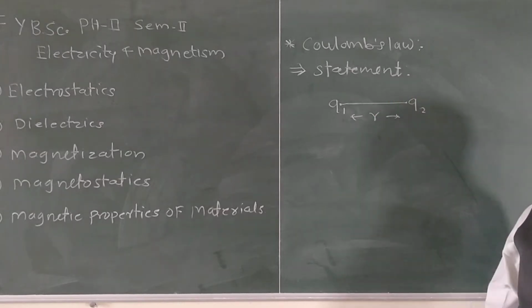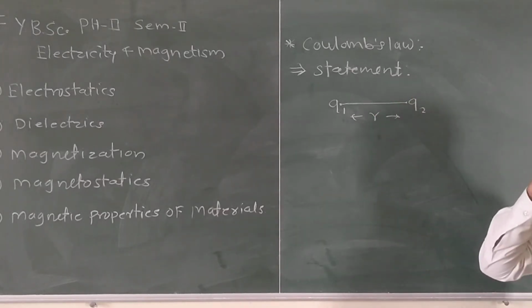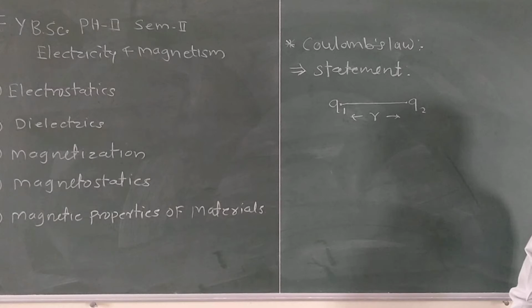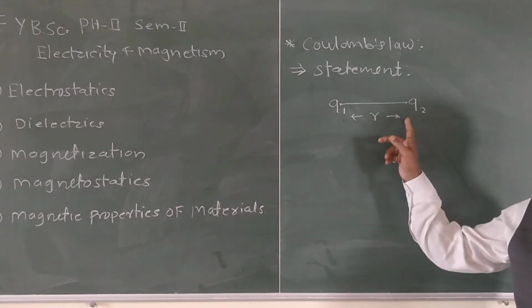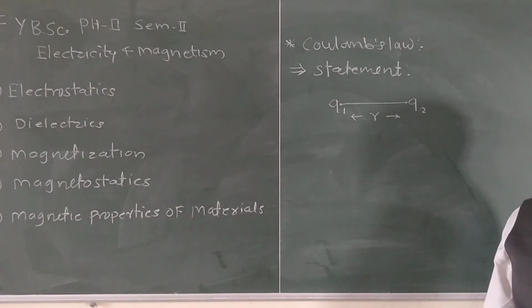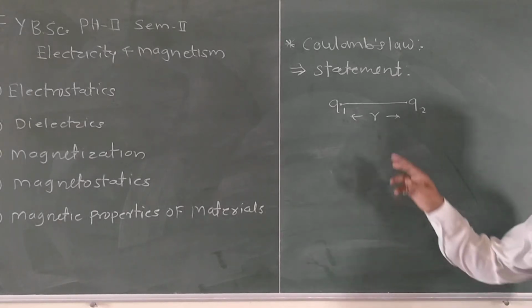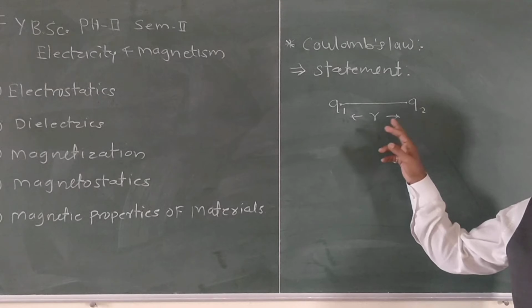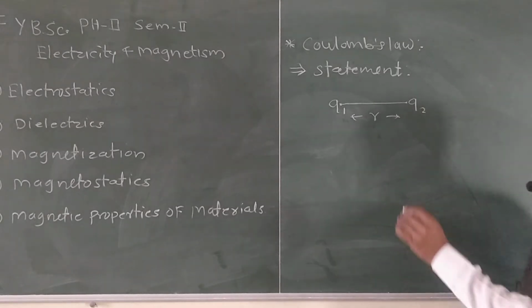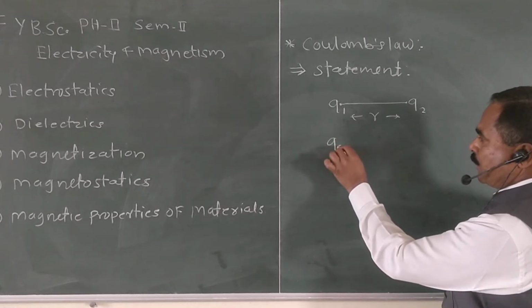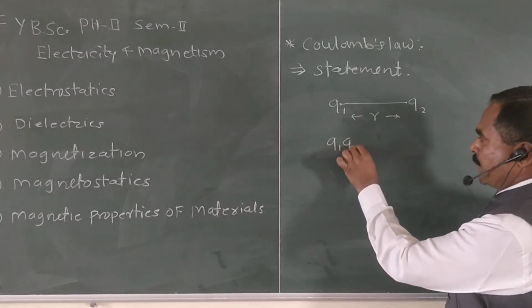Then according to the statement of Coulomb's law, first we can say that the force of attraction or repulsion between two charges at rest is directly proportional to the product of magnitude of two charges. That is Q1 Q2.